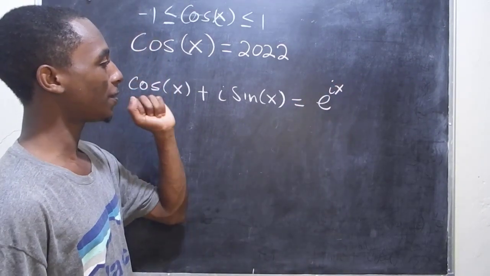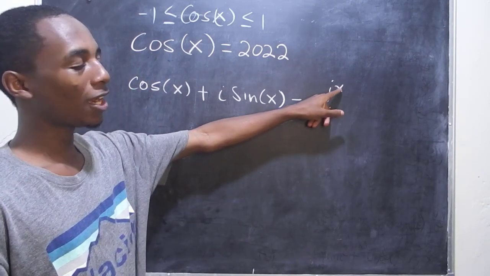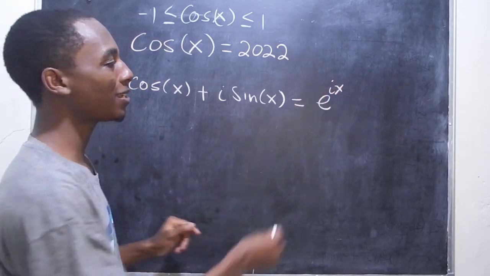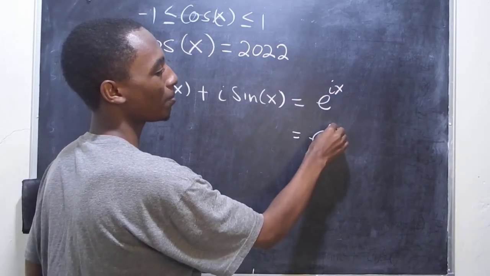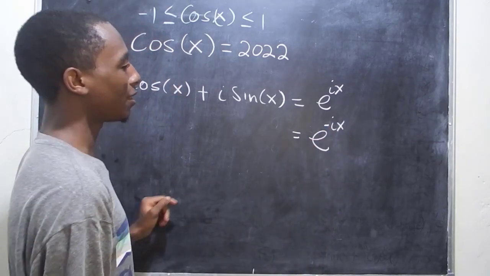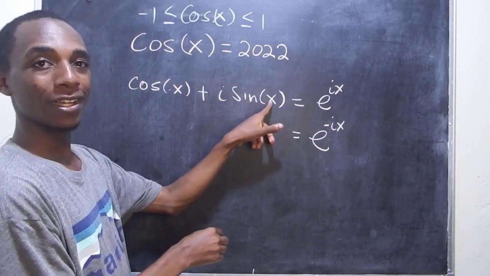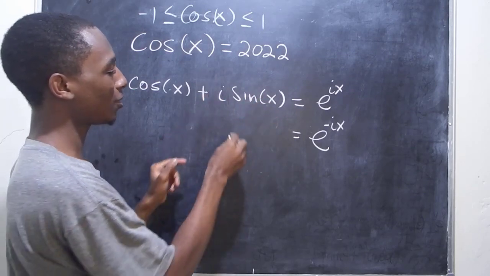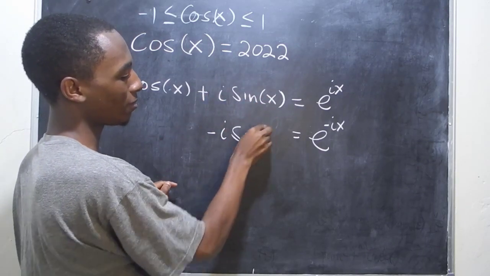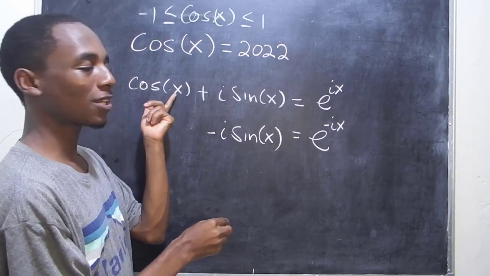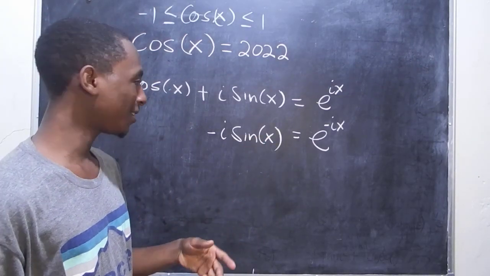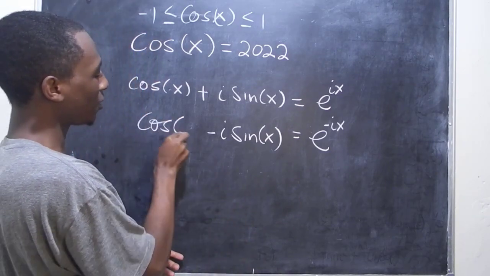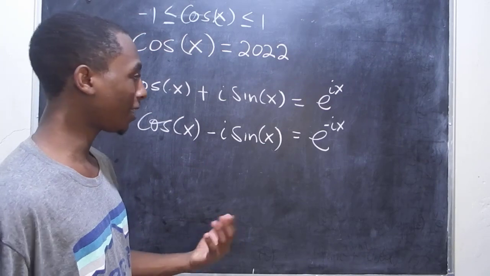Okay, and if I make this angle, which is also called the argument of the complex number, negative, so if I have e to the power minus ix, then I'll just have to put a minus here and a minus here, and if I put a minus here, I can as well pull that out, so that will be minus i sine x. And of course cos of a minus angle is the same as the cosine of a positive angle, so this will just stay as cosine of x.